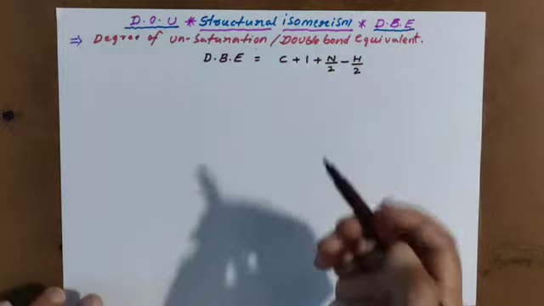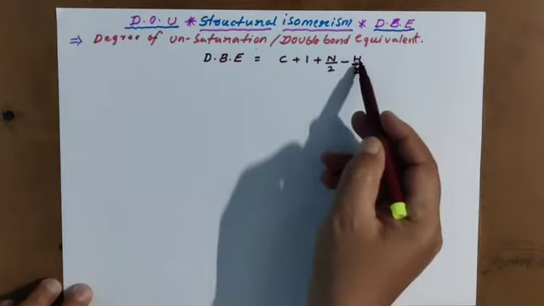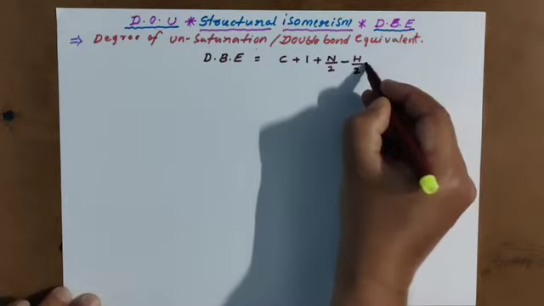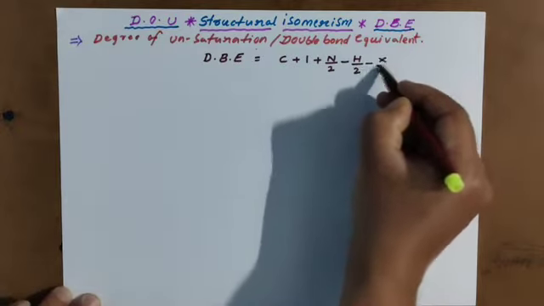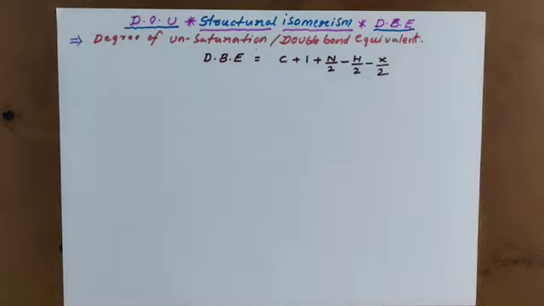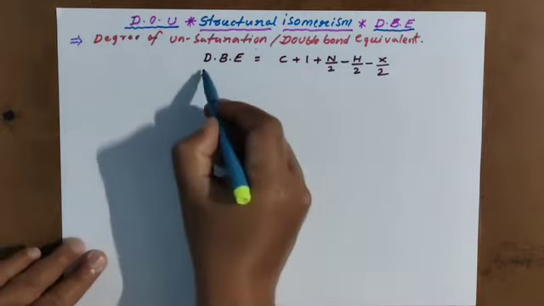If halogen atoms are present, you can put them in this place. Clear? It means you have to go for minus halogen by 2. So what is the formula?